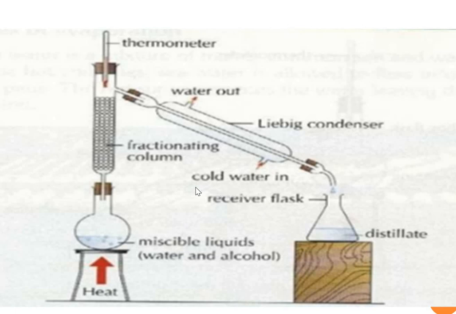That's why it is described as repeated evaporation and condensation. It's the same principle that is applied in the oil industry to separate the various fractions of petroleum. However, that is at industrial scale. This is a laboratory scale.